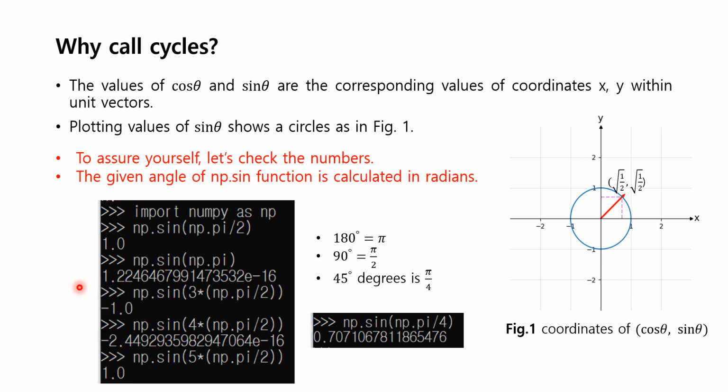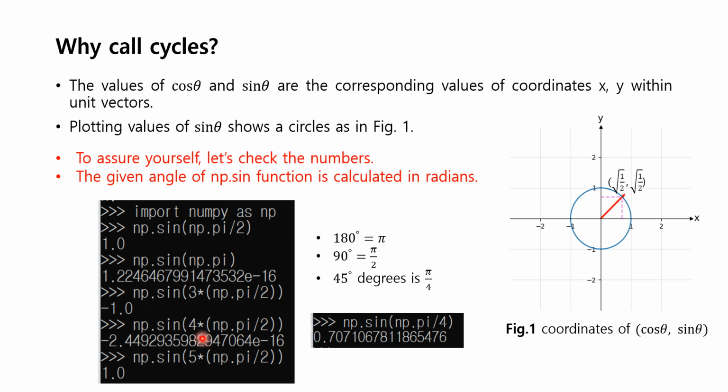And let's check this time the sine function of 3 times np.pi over 2. That's 90 times 3, 270 degrees, and it's here, at 0 comma minus 1, so the y value is minus 1. You can see that it's minus 1.